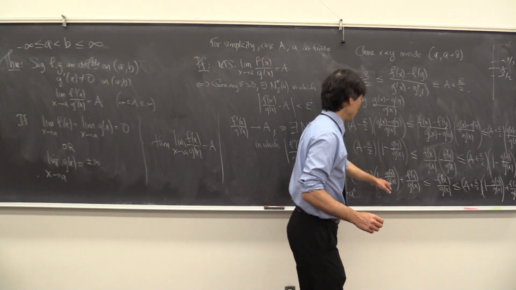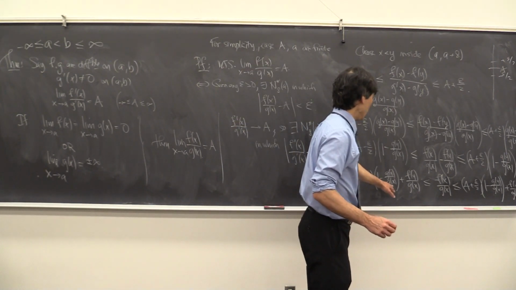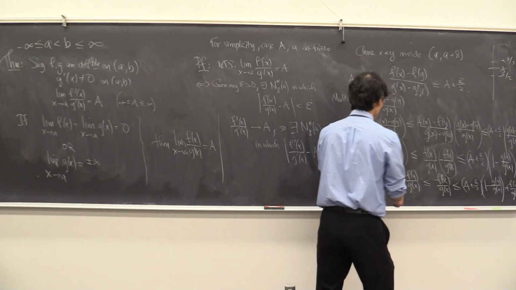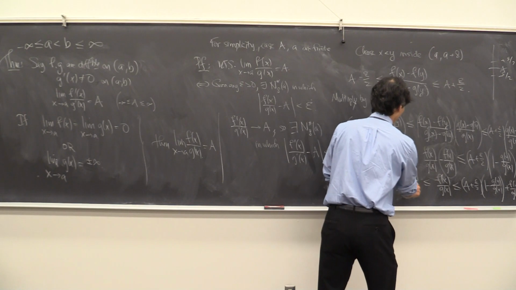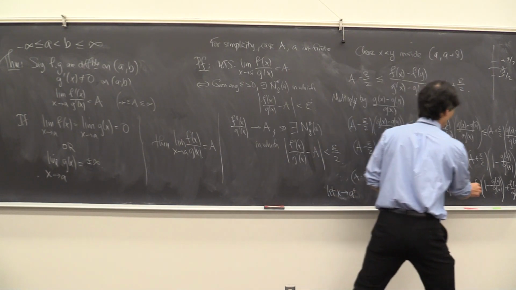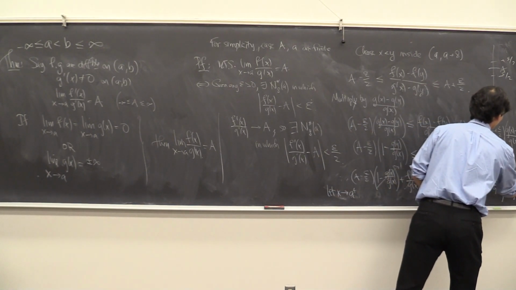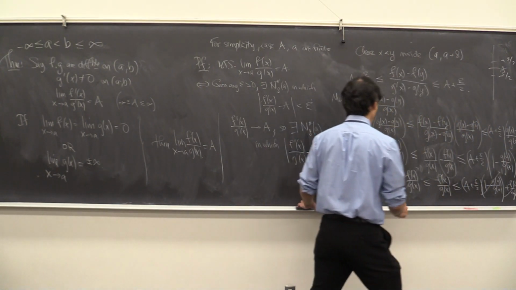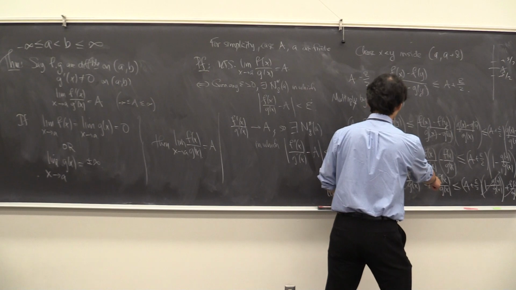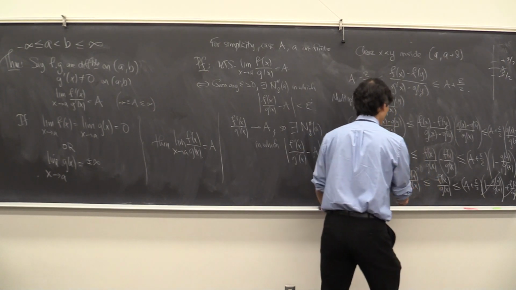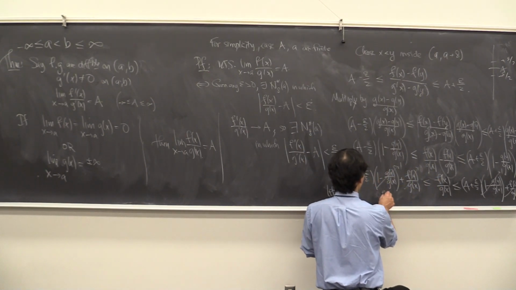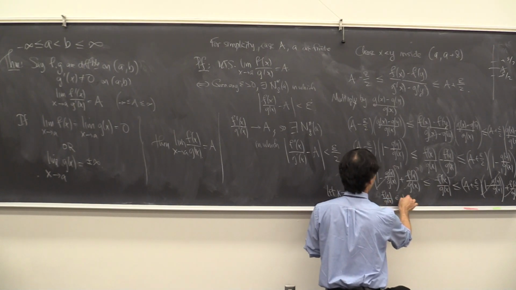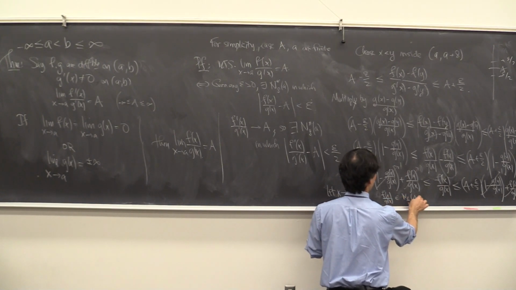You see what happens: as x goes to a, g of x goes to infinity. So this thing turns into a 1, and this thing vanishes. And so what we get is that the limit of f of x over g of x lies inside of the epsilon over 2 neighborhood of A.